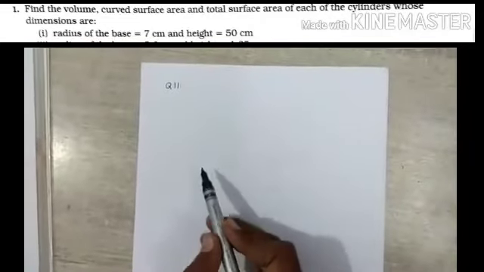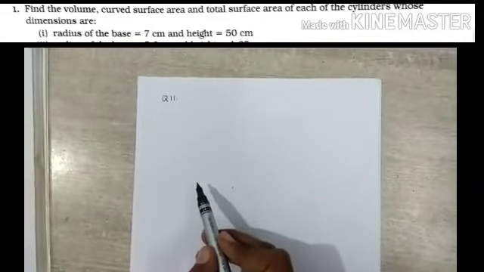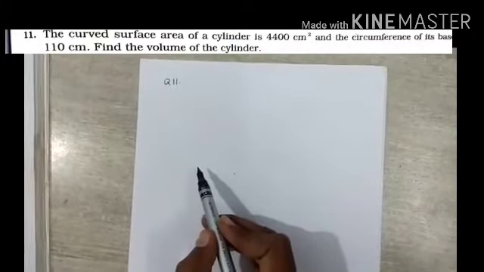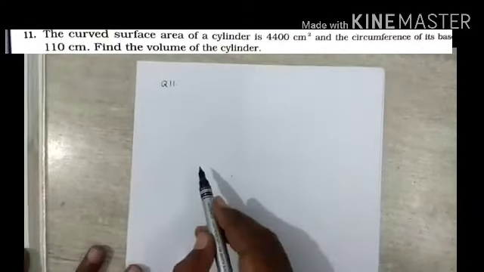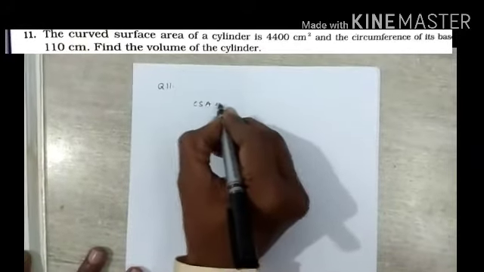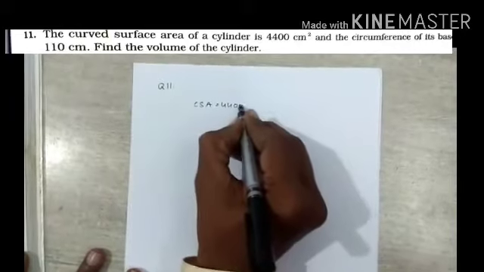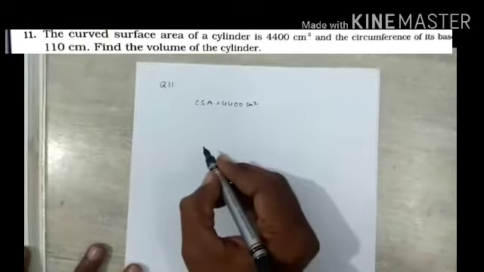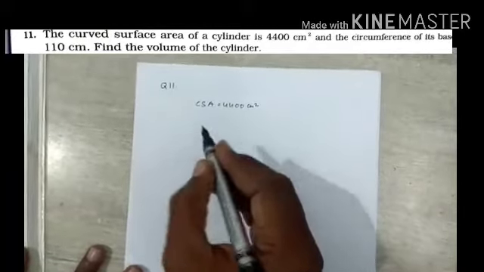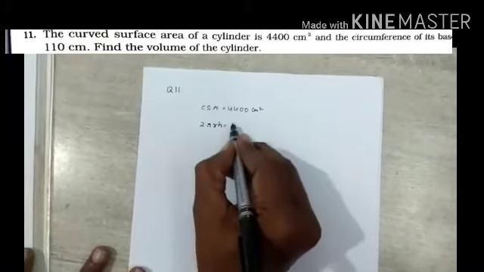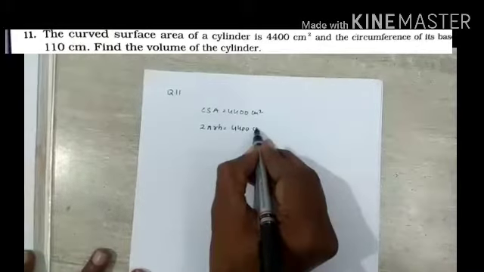Number 11 of exercise 20B. Question is saying curved surface area of cylinder is given. Curved surface area, it means CSA is given 4400 square centimeter and formula of CSA is equal to 2 pi r h equal 4400 square centimeter.